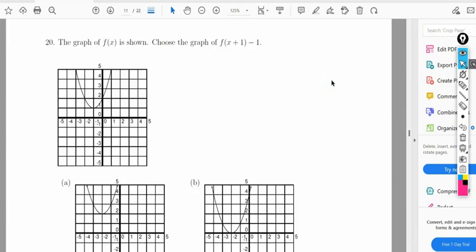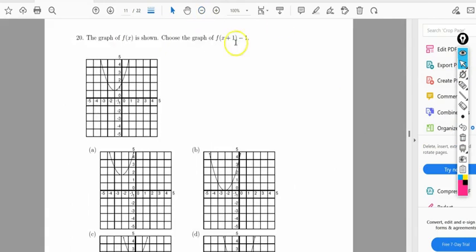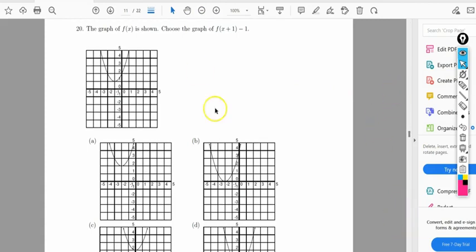Okay, we have to remember what the transformation rules are, because there's nothing to put in your calculator. If x gets changed to x plus 1 inside the parentheses, that is a left shift. And then if you subtract 1 outside of f of the parentheses, that's going down 1.